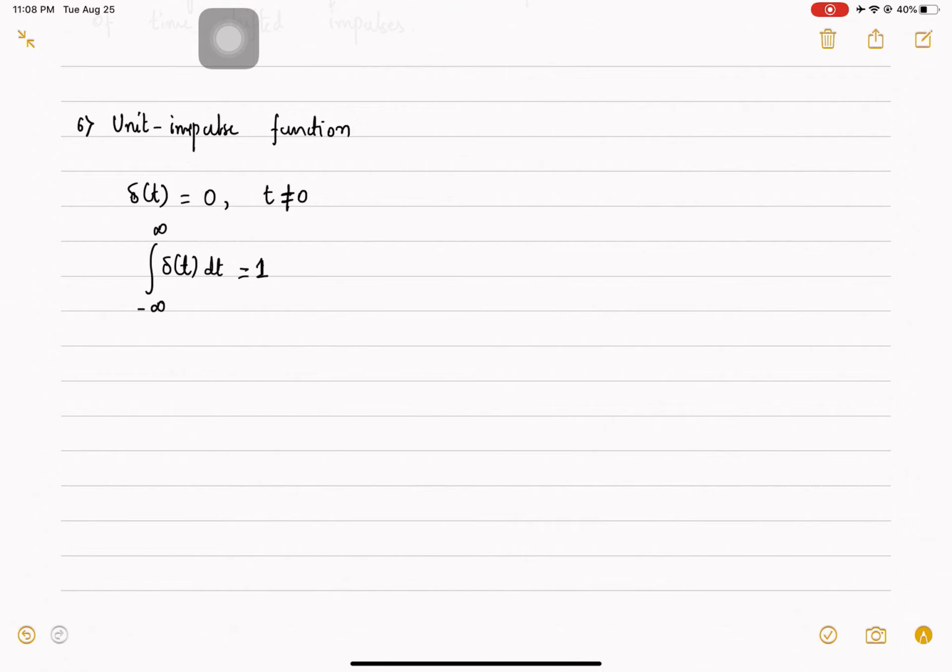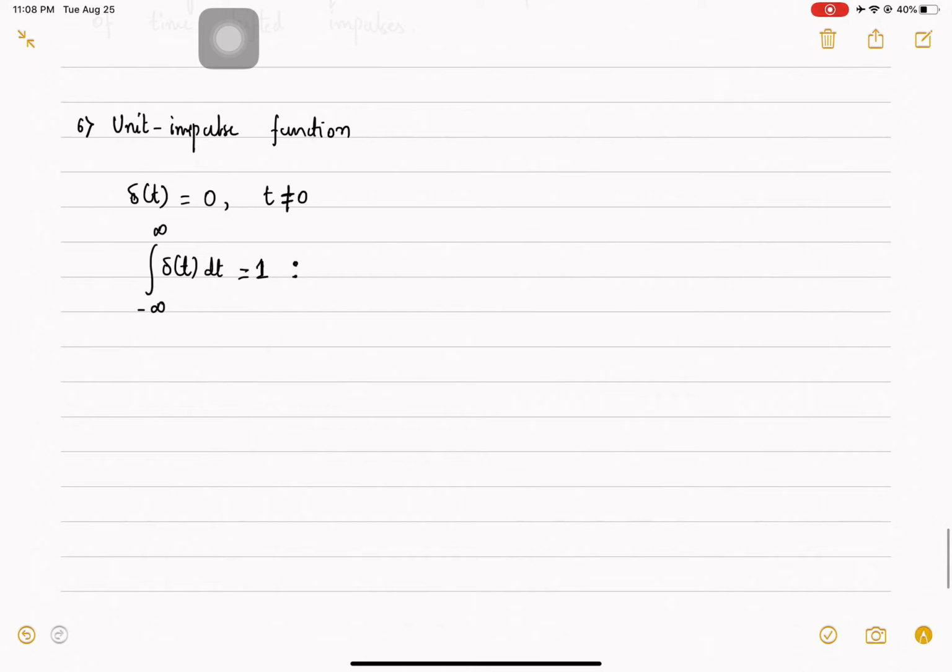When you integrate a function, you are basically finding the area under the curve, and the area under the curve is equal to 1. So this is the definition. It's a bit more complicated than your unit sample sequence, the counterpart in the discrete time case.